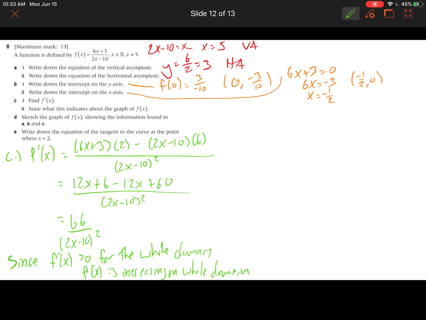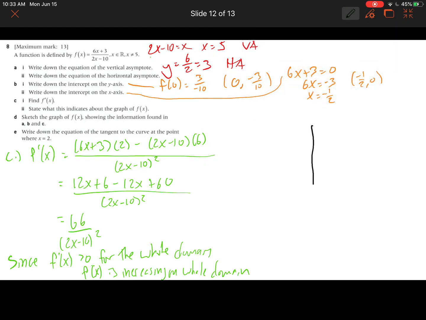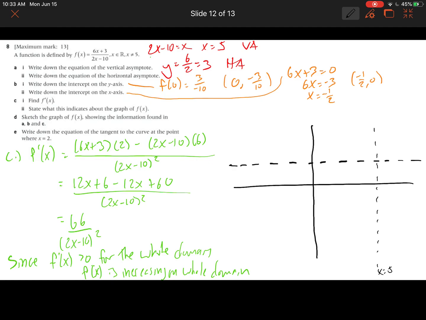Sketch the graph of f of x showing the information found in A, B, and C. What could possibly go wrong? Alright, so my vertical asymptote I got was x equals 5. My horizontal asymptote was y equals 3.